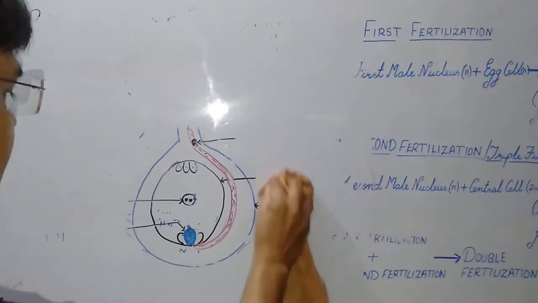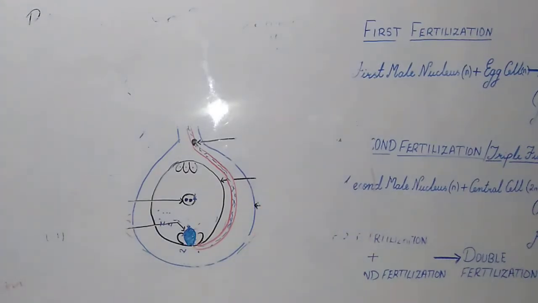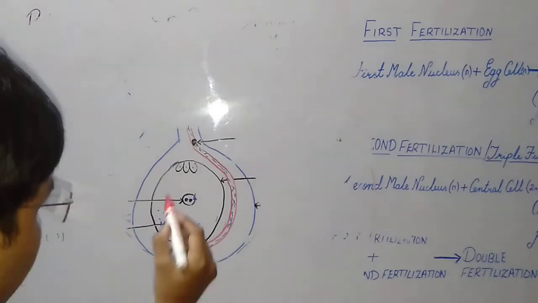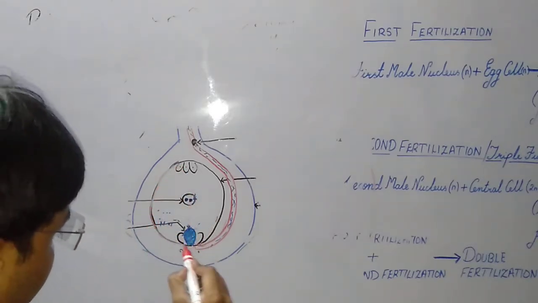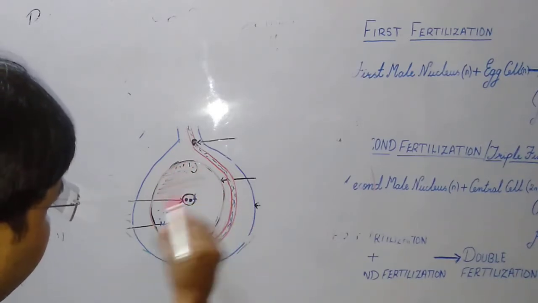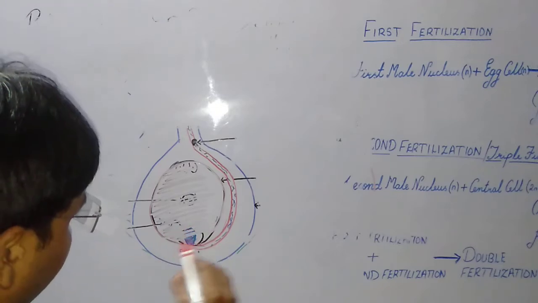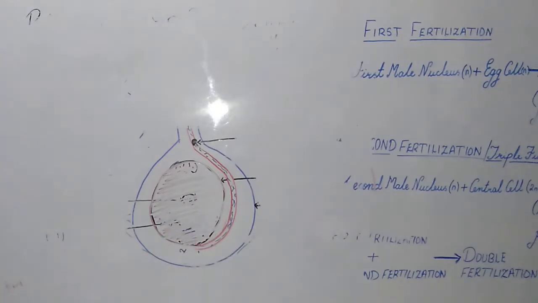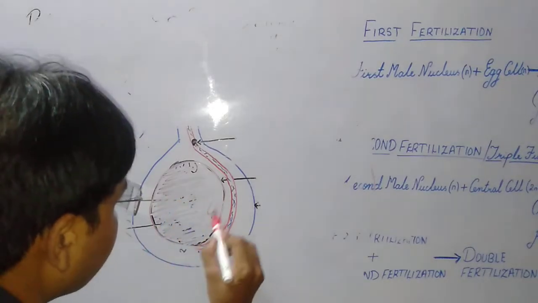See, like this. What remains behind is this one. Now what happens? This ovule part gets converted into seed. This was ovule, isn't it? ये ovule था, so it gets converted into seed.